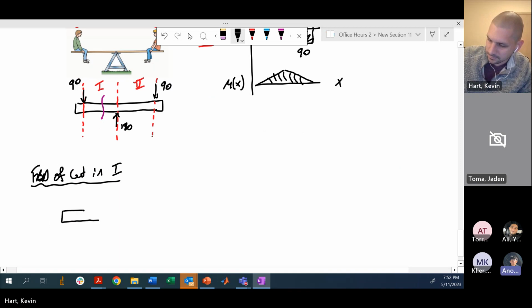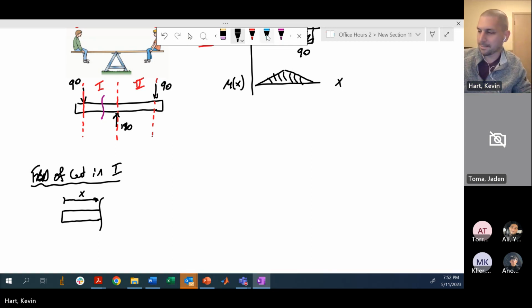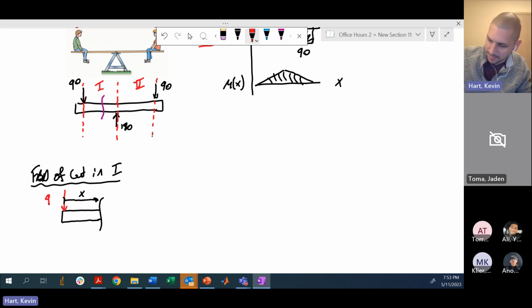Okay, so I make a cut at a random location that's at a position of X. Inside, I have this 90 pounds, right? And in order for this thing to be in equilibrium, I need to balance that out with an internal shear force and also an internal bending moment.